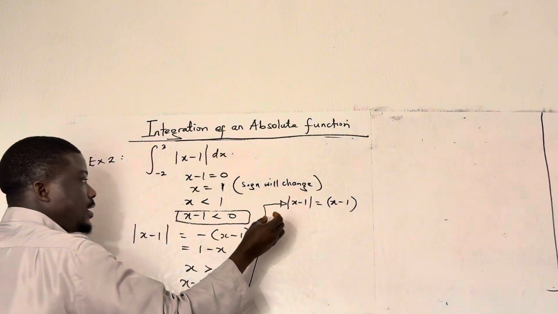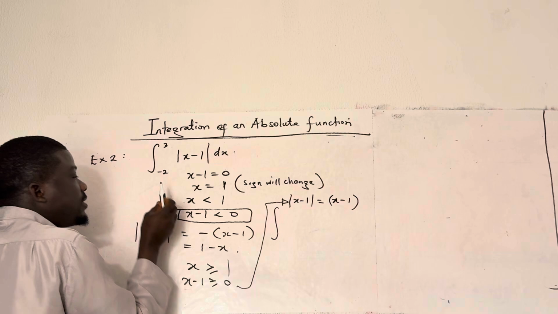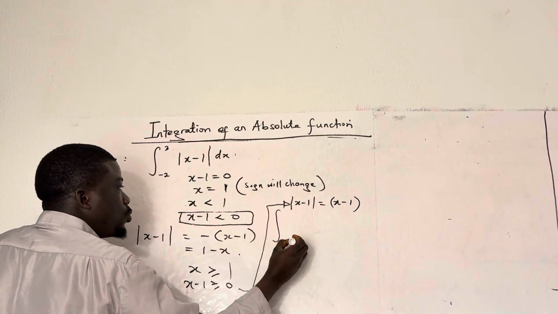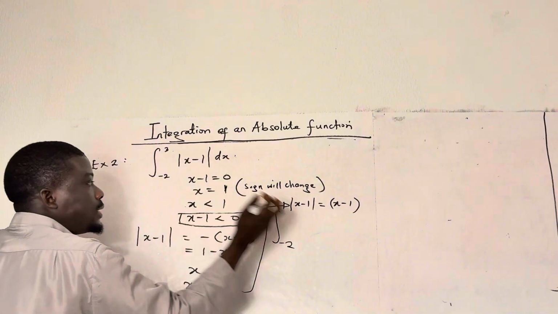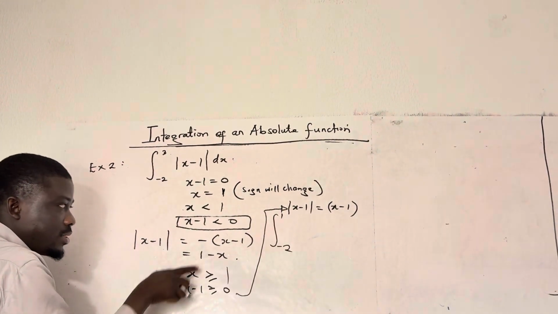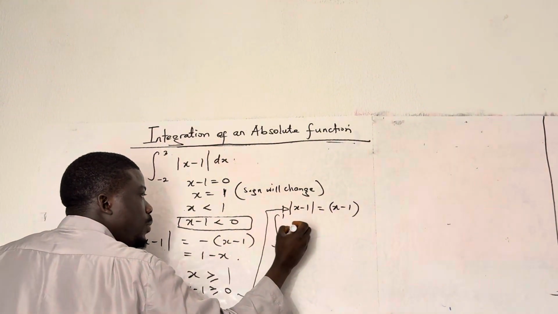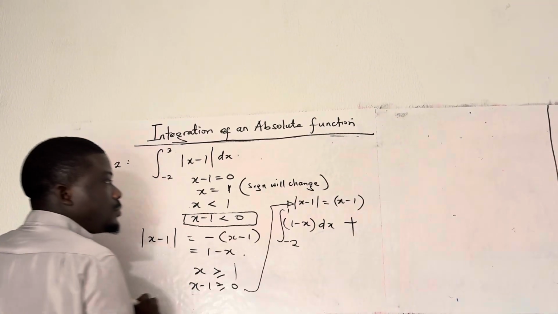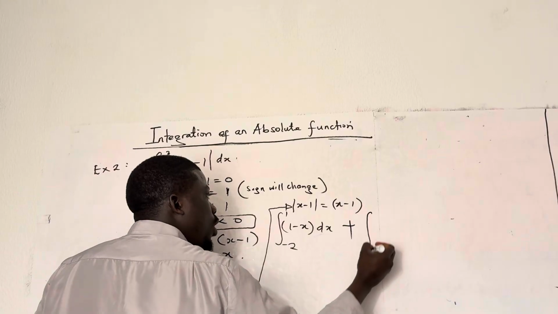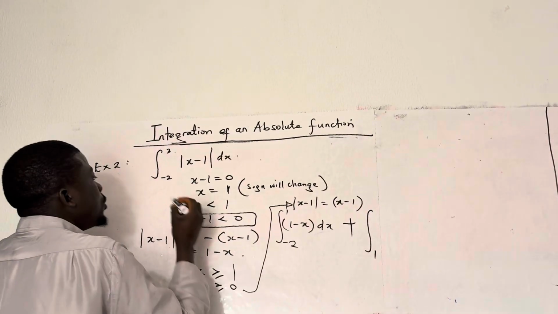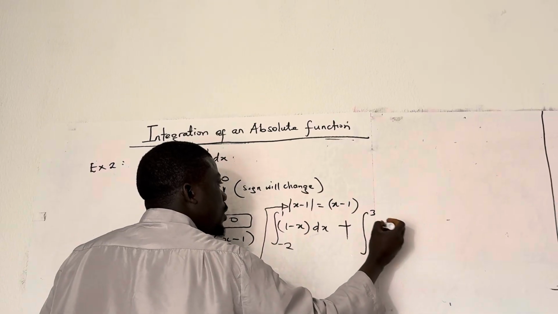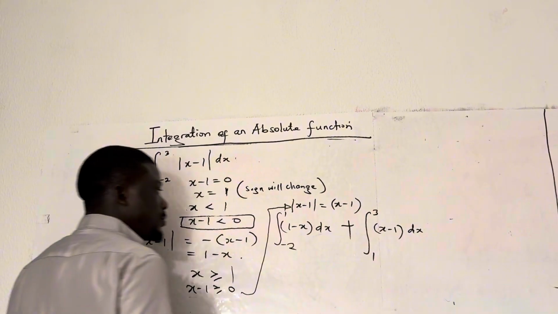Then we write the integral. Instead of from minus 2 to 3, this will now be from minus 2 to 1. We have the first one, which is the negative, 1 minus x dx, plus, this will now be from 1 to 3, where we have the positive form, which is x minus 1 dx.